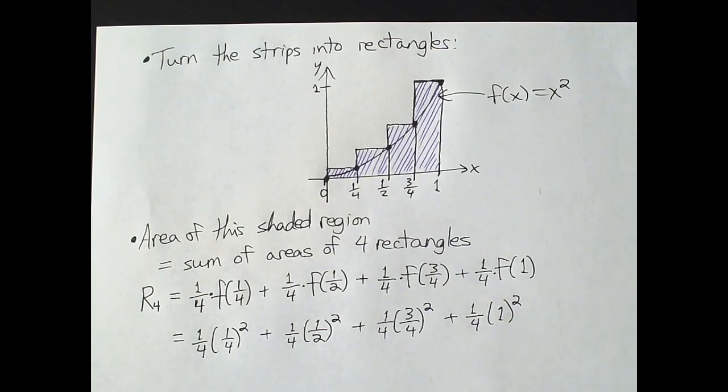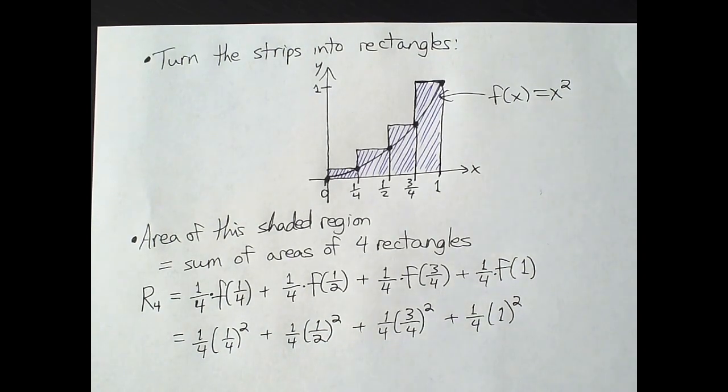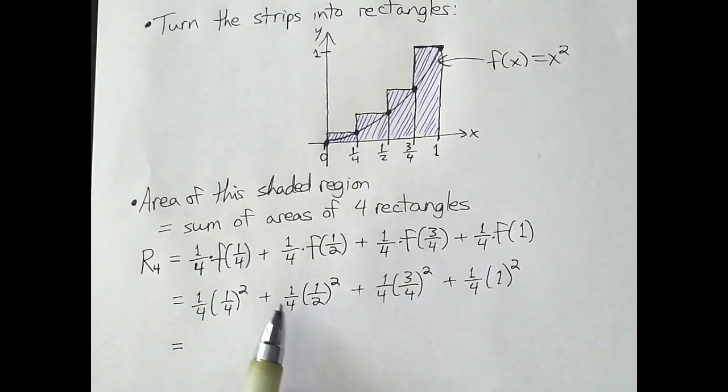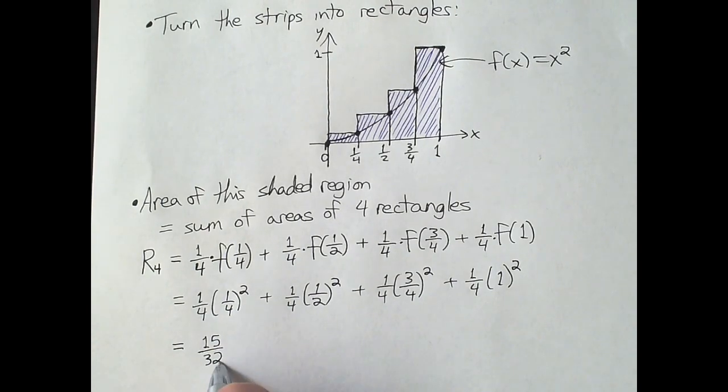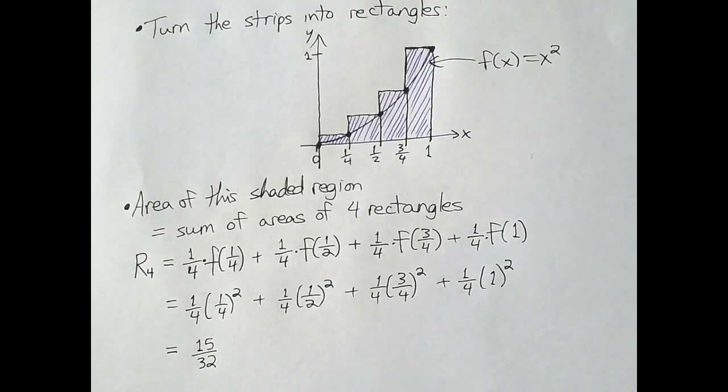If the function that I was looking at was a different function, like sine x, or e to the x, or x to the third, we would do something else here. But I'm squaring because that's the function that the problem gave us. All right, so I'm going to tell you that I worked all this out. You can do 1/4 squared, 1/2 squared, and all that. I worked this all out, found a common denominator, and I wound up getting 15/32 as the area of this shaded region.